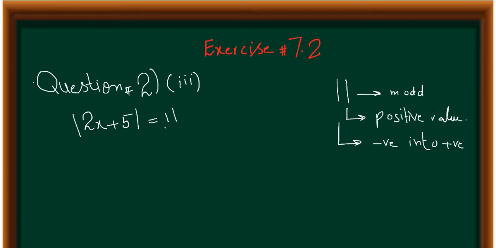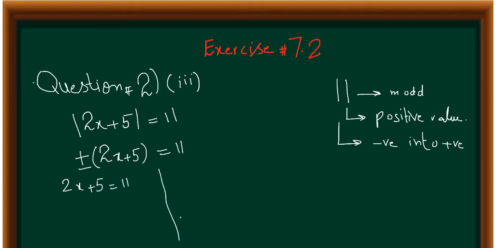So here mod of 2x plus 5, and when we remove mod we write plus and minus. Now when I remove mod I write plus and minus with 11. One time I write it positive like this, 2x plus 5 is equal to 11.